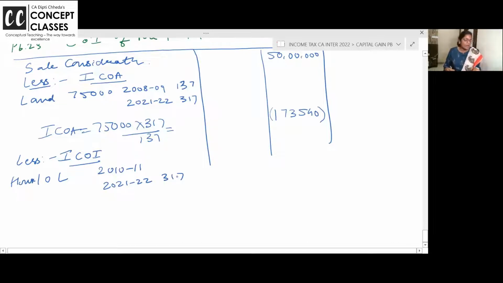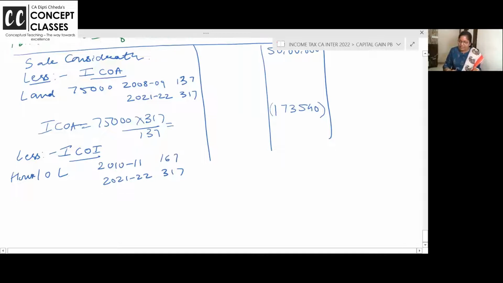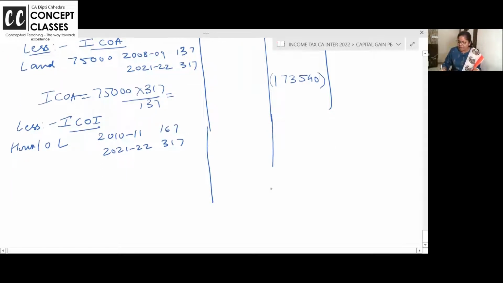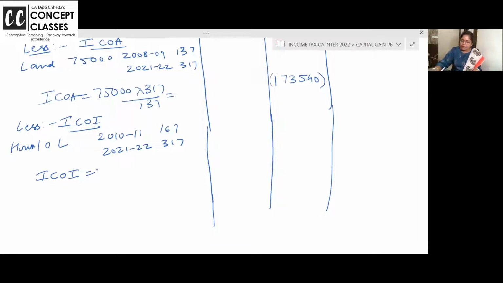I hope that working out the problem you are going faster than me. Does anyone need explanation? I'm concentrating on the concept, but this is clear, right, up to capital gain. So what is the indexed cost of improvement? 10 lakh into 317 divided by 167.